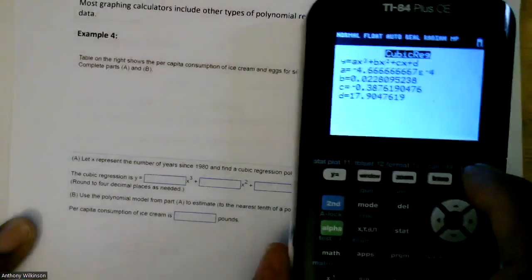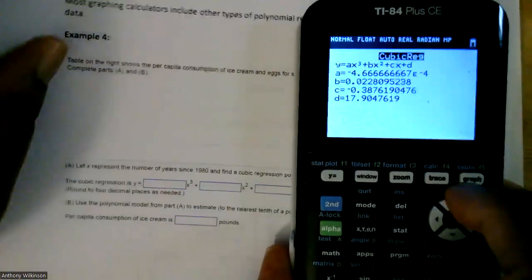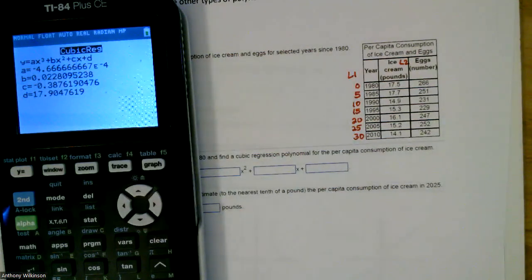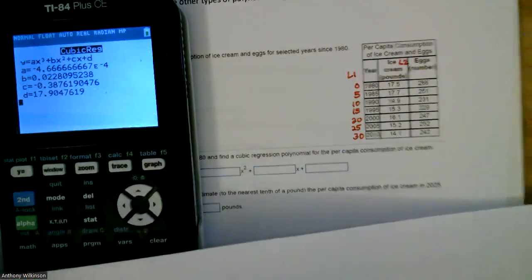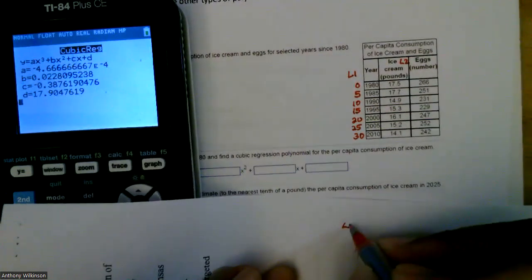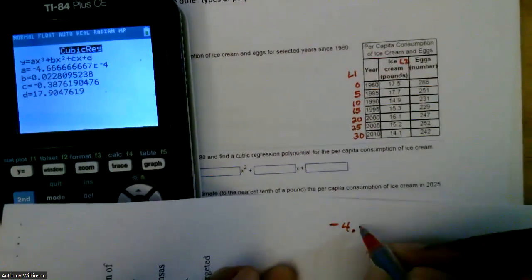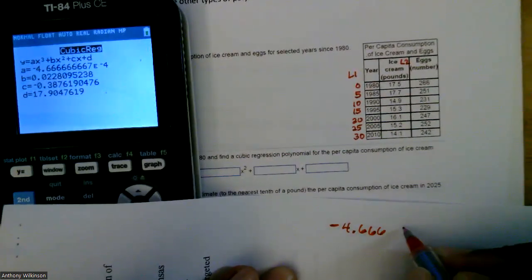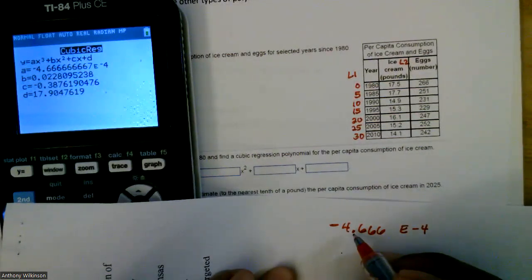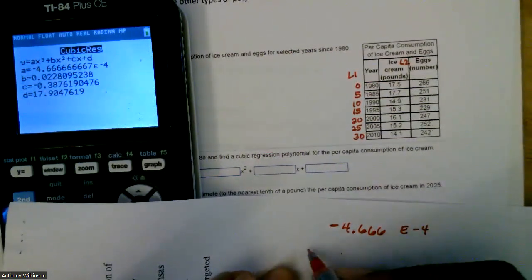And of course, this is going to be e to the 4th. I'm not sure why they would use that, but I'm going to show you how to convert that into scientific notation. Because in this case here, negative 4.666 e to the negative 4 means I need to move this decimal point 4 places to the left.